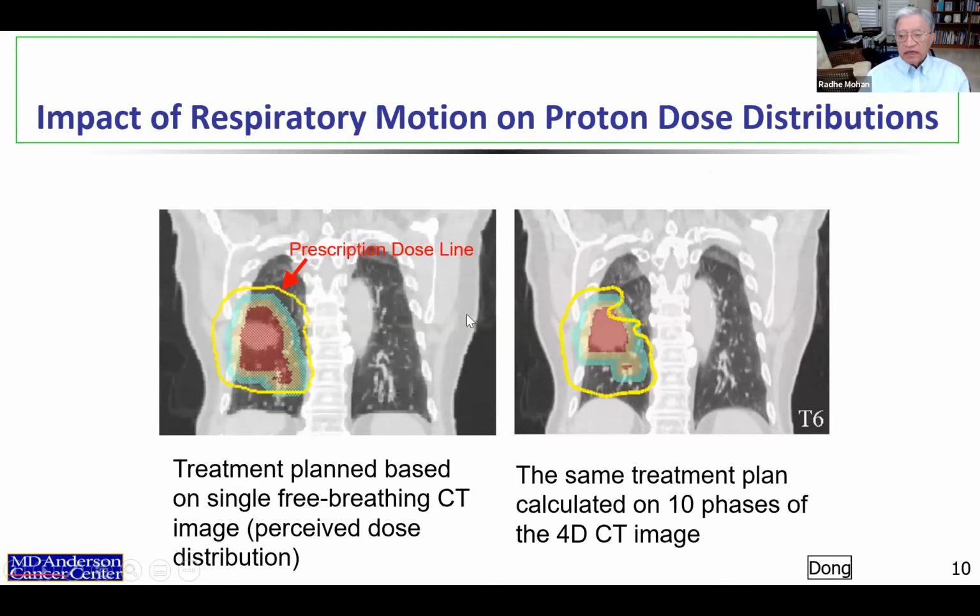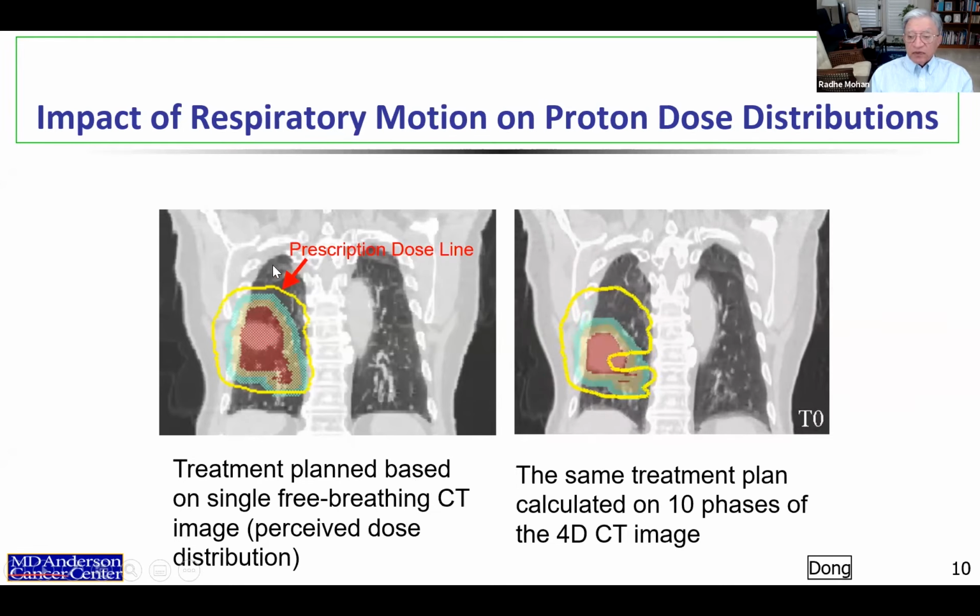Here's an old example, which is showing the treatment plan here for lung, based on a single pre-breathing CT. And this is what we perceive to be the dose distribution, and we assume this is what the patient will get. But in reality, if you look at the moving target, you can see how the dose distribution, the yellow line is the prescription dose distribution, is perturbed by motion of the tumor.